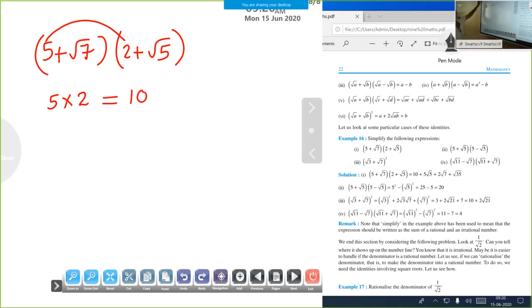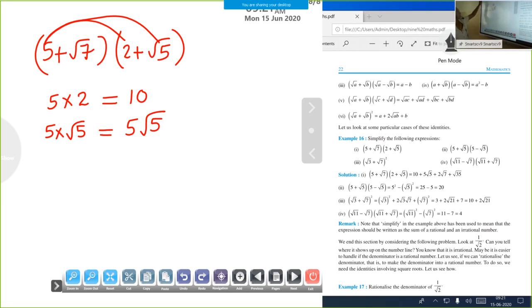Our next step, you multiply 5 with the first term and again 5 with the second term. 5 into root 5. What is 5 into root 5? The value of 5 into root 5 is 5 root 5, not 25. Again, second step.